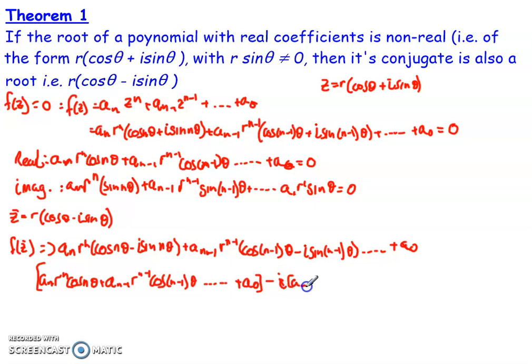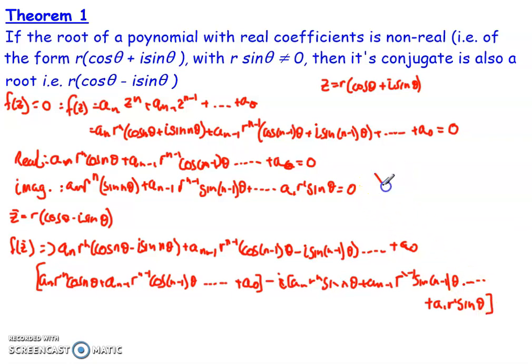I'd then have a_n r^n sin n theta plus a_{n-1} r^{n-1} sin of (n-1) theta. And that would then continue all the way down until I end up getting plus a_1 r^1 sin theta. So there you go, I've split it into real and imaginary.